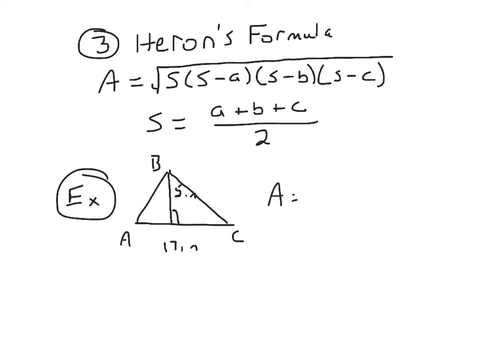The area would equal 1/2 the base times the height. So 1/2 times 17 times 5 would give me that the area of this triangle is 42.5, and let's not forget our unit, inches squared. So that's it for that one. Nice, easy example.